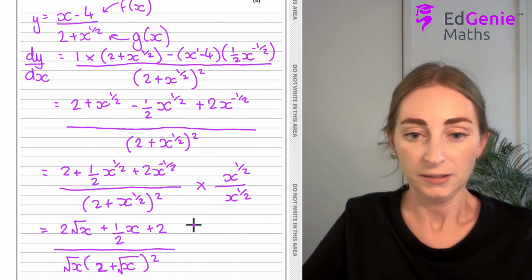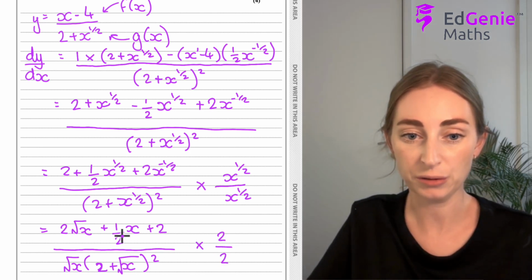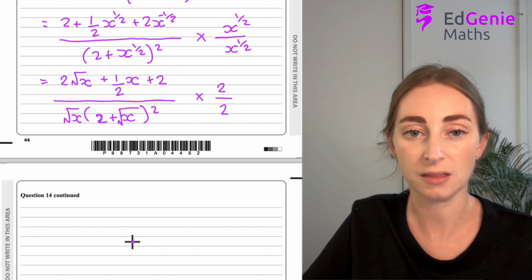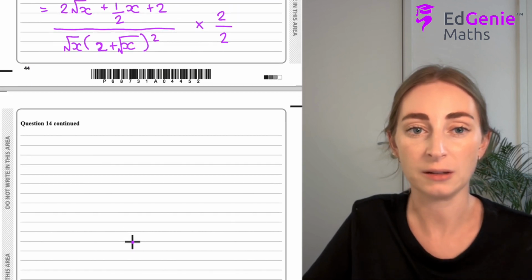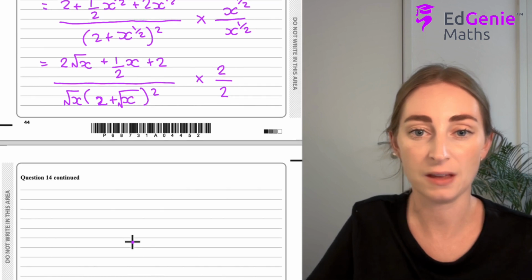There we go. Now I'm going to multiply it by 2 over 2 to get rid of this half, because I think that's going to work out quite nicely. Let's just put that there.